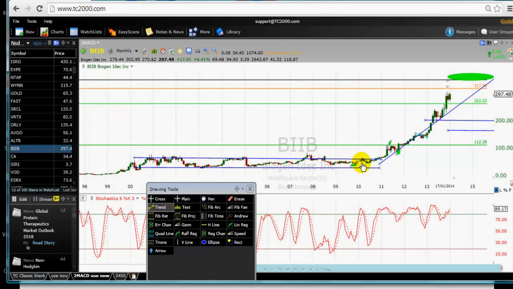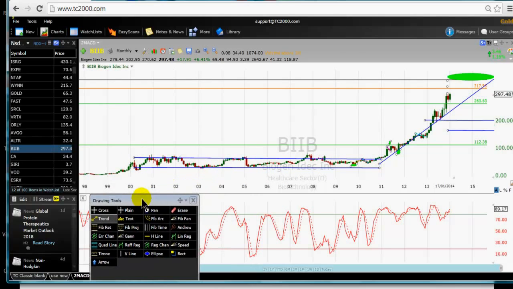So we see a consolidation here. In fact, this stock was consolidating from the year 2000 up to the year 2011. Almost 10 years, this Biogen IDEC Incorporation was consolidating. This is a balanced market. This is the first market pattern.